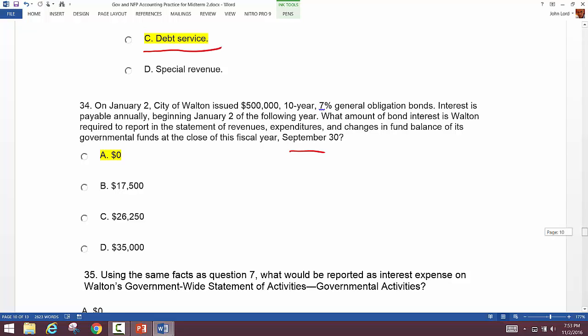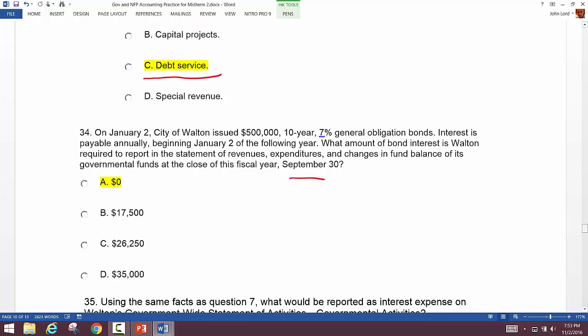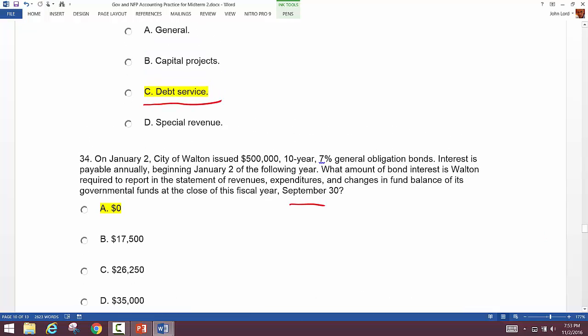And if it's the government-wide level, what happens? Set it up for me. 500,000 times 0.07 times, January to September is a full 9 months, isn't it? Times 9/12.